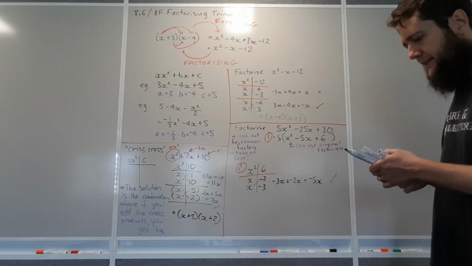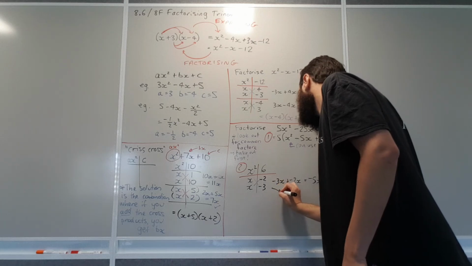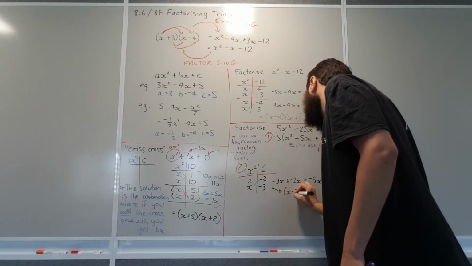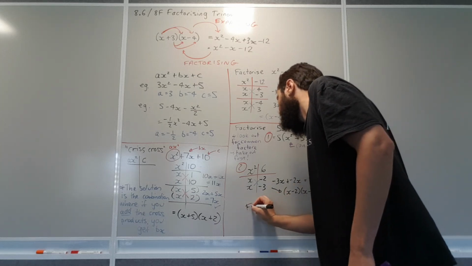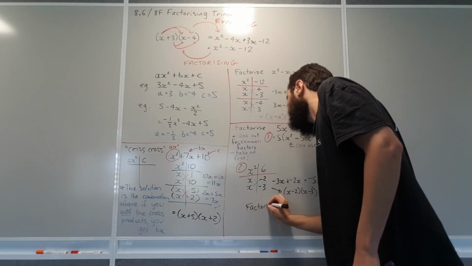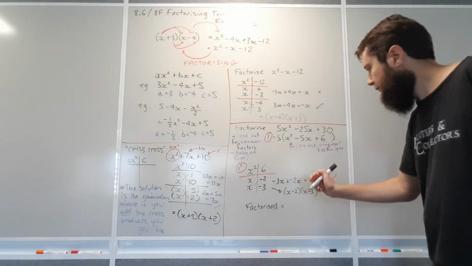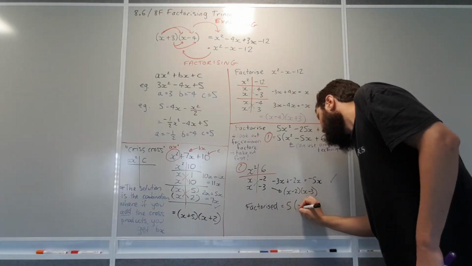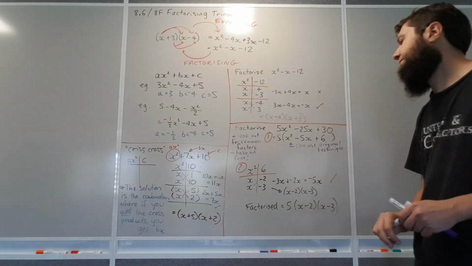All right, so I can then write this. That part is going to be x take 2, x take 3. At the fully factorised form, we've got to bring our 5 back. Don't forget about our 5. So it's going to be 5, x take away 2, x take away 3.